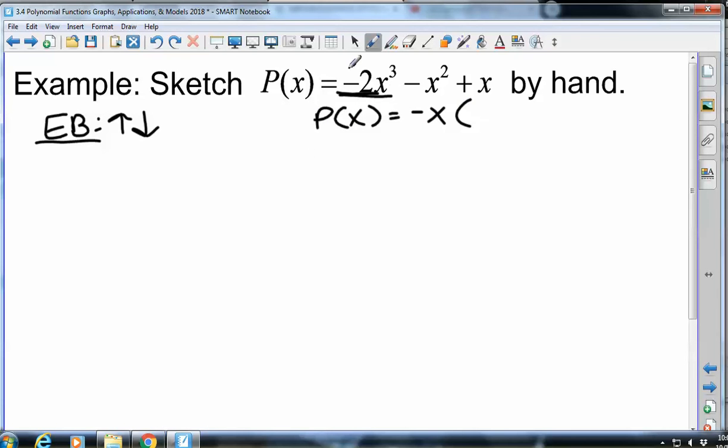I'm pulling out the negative just because I like my first term to be positive. If you take out negative x, you're left with 2x squared plus x minus 1. Can we factor that? We could do box method.